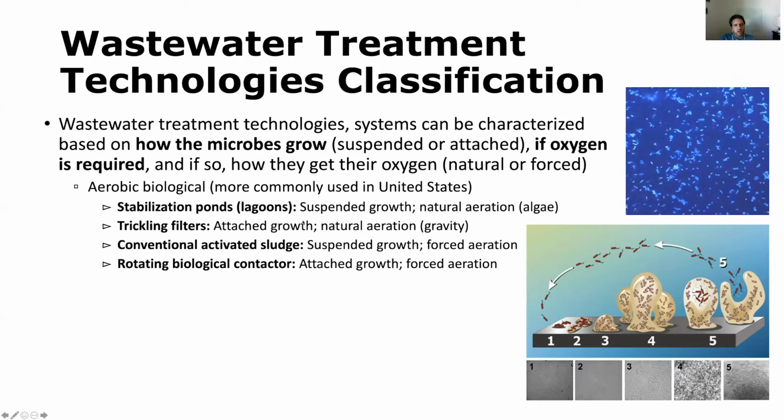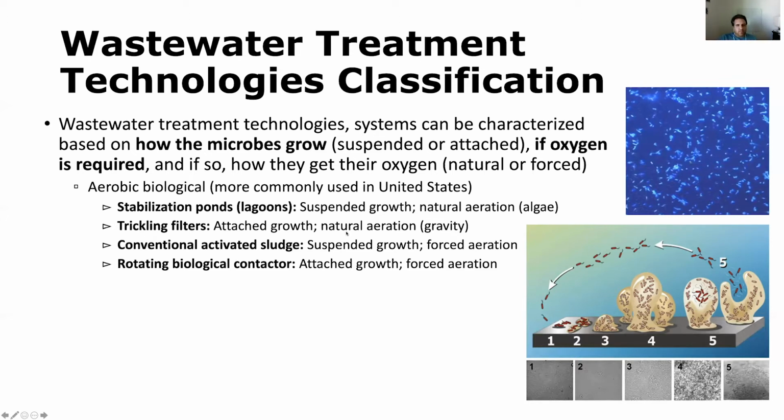Trickling filters are another natural aeration process, however, they use attached growth rather than suspended growth. In trickling filters, the microorganisms attach onto a media surface, in some cases rocks, in other cases plastic media, and so they grow attached to those surfaces in biofilms rather than suspended in the wastewater itself.